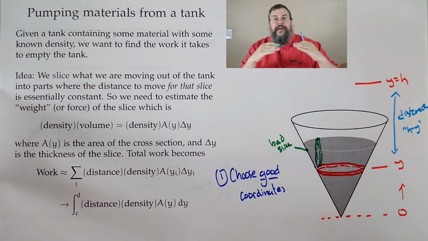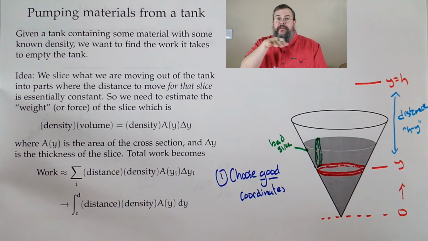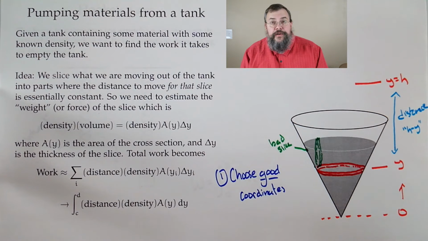So you can't treat height like a constant, and therefore integration is not going to work, because in order to do integration, our important measurements have to be like a constant. So this is why we slice perpendicular to the vertical direction. Okay, so that's the answer to the question you weren't asking, but it's good to understand why things are done the way that they're done, so that we understand how to adapt to various situations.